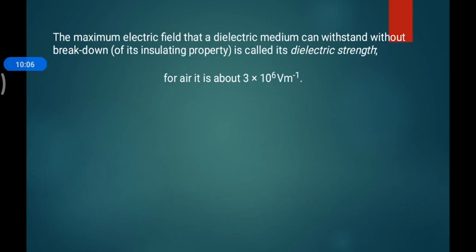Once we start applying the electric field, as we saw in the earlier part, the dielectric material gets polarized. It means its molecules start to align, and it is ionized also.